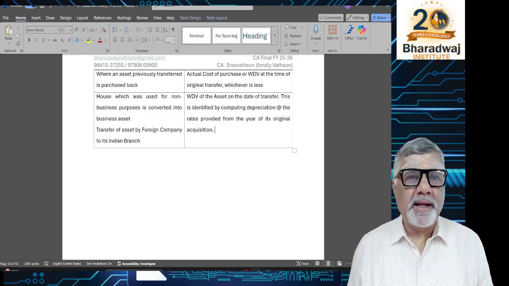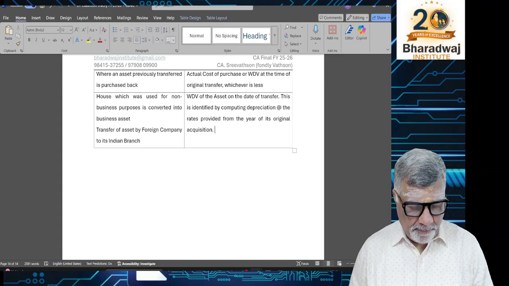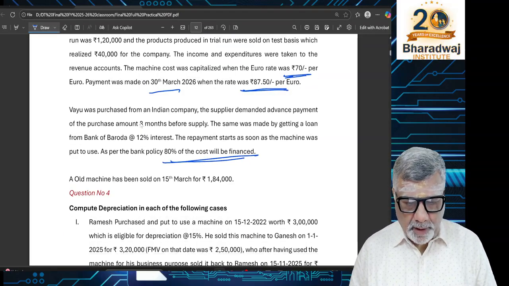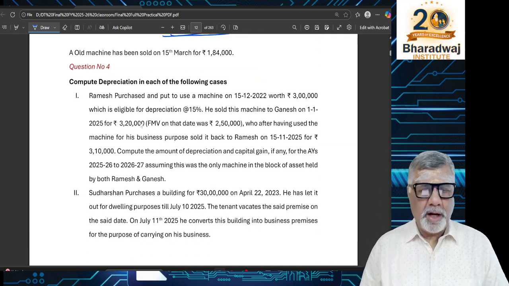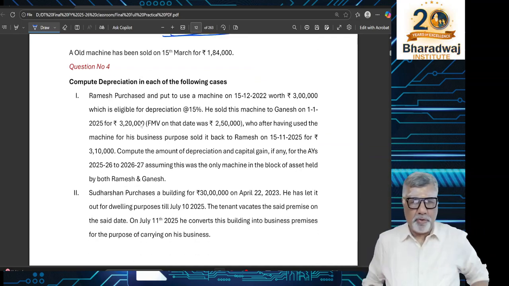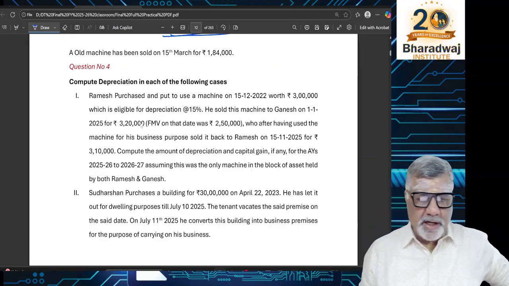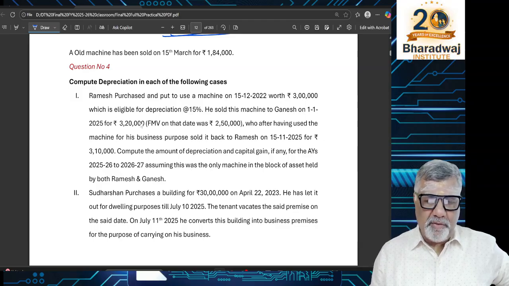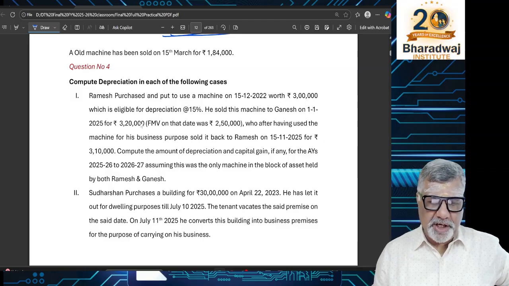Okay. Back to your practical notebook. I'm there in question number 4, page number 12. Ramesh purchased and put to use a machine on 15th December worth 3 lakhs, which is eligible for 15% depreciation.